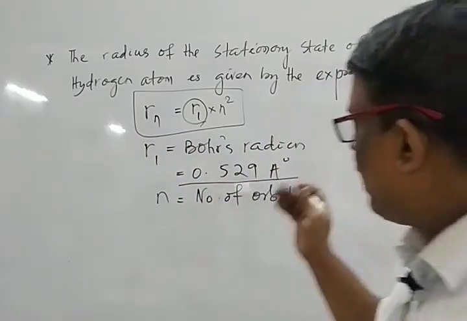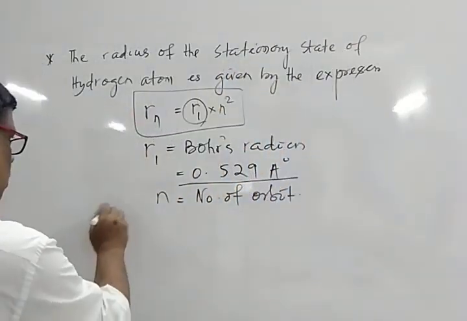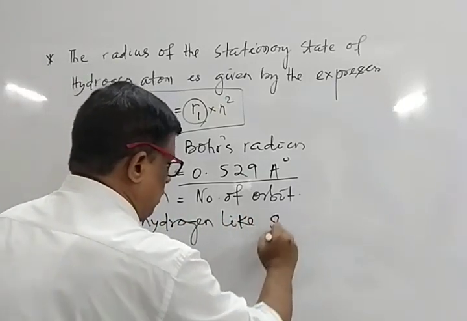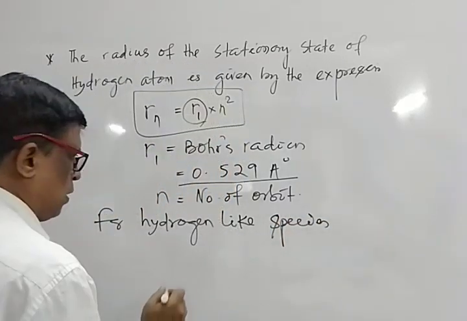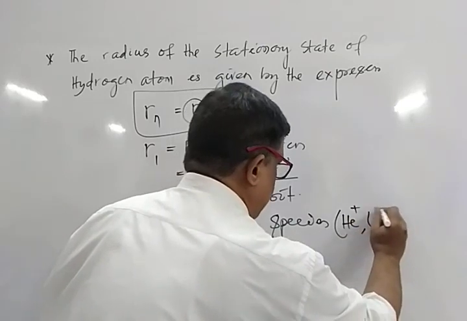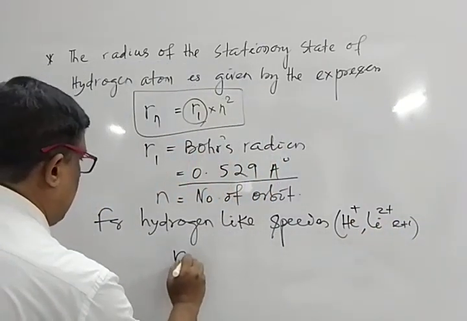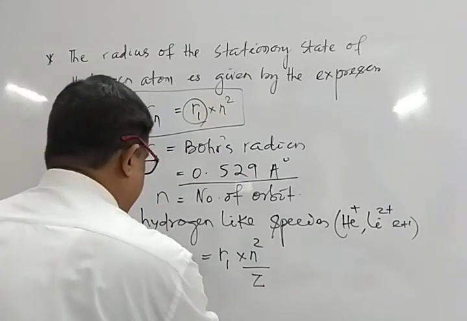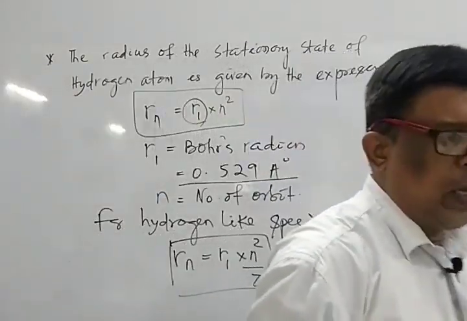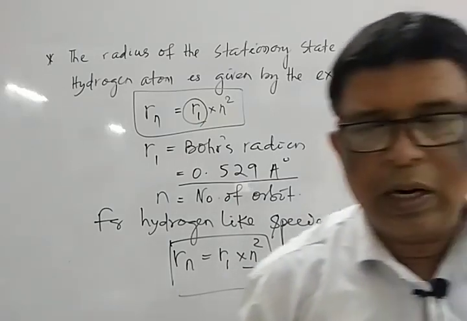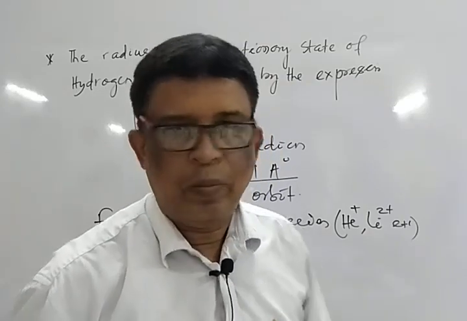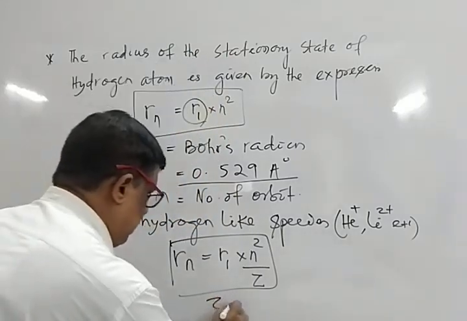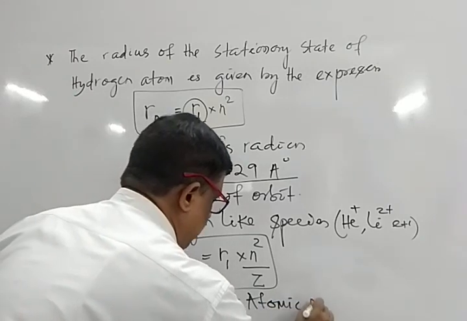Next, we discuss hydrogen-like species. For hydrogen-like species, meaning He plus, Li2 plus, etc., the value is Rn is equal to R1 into n square by Z. That means Rn is equal to R1 into n square by Z, where Z is known as the atomic number, and n is known as the shell, K shell, first shell, second shell, third shell.